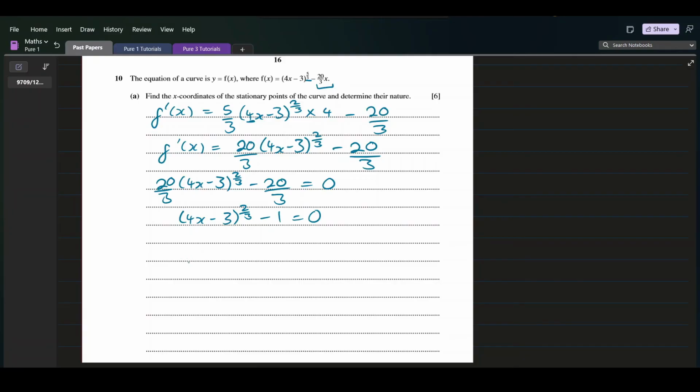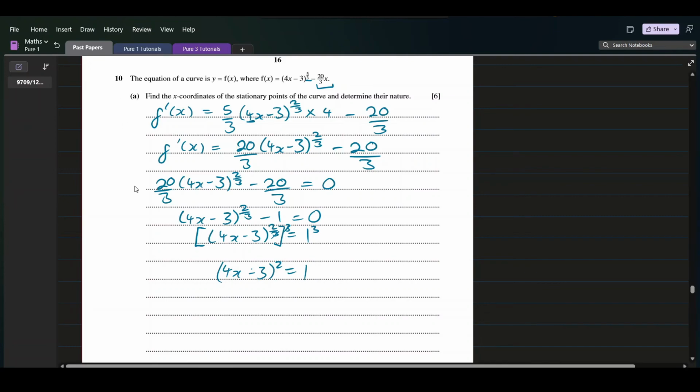And now we need to solve for x. So this is 4x minus 3 to the power 2/3 is equal to 1. Now let's raise both sides to the power 3. And this is 1 to the 3, so that these threes cancel out, and you end up with 4x minus 3 squared is equal to 1.